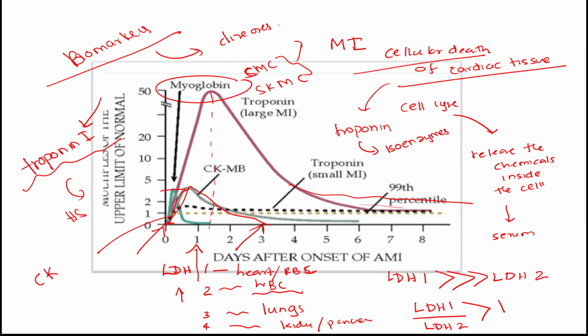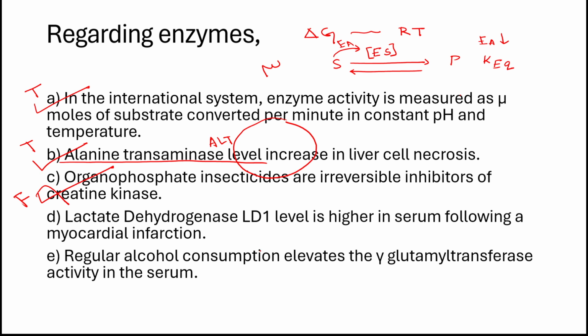LDH costs less, it is more widely available. This is why LDH is utilized. Apart from that, it has very low sensitivity and specificity in concern of MI. So lactate dehydrogenase level is higher in serum following myocardial infarction. Yes, both 1 and 2 are higher, but the 1 to 2 ratio would be higher in myocardial infarction. So that is a true statement.